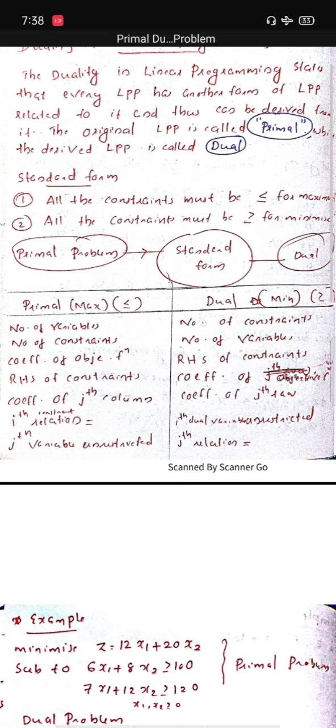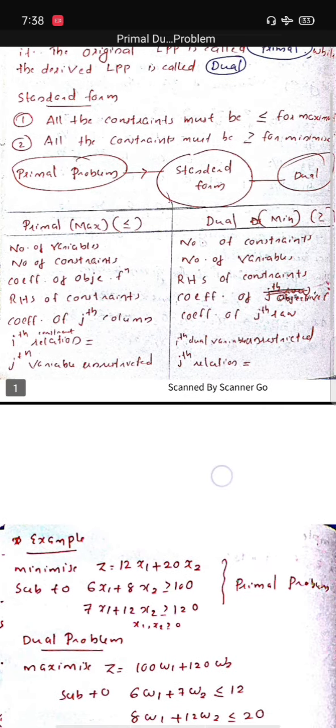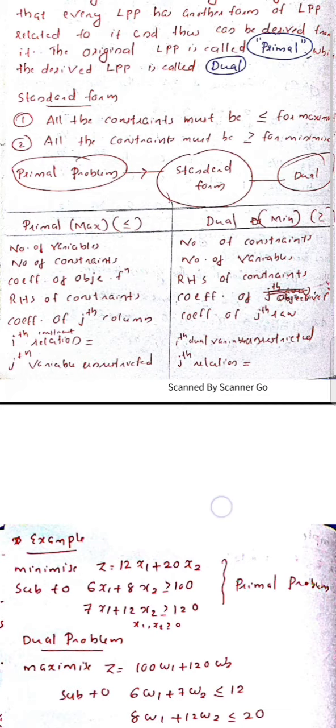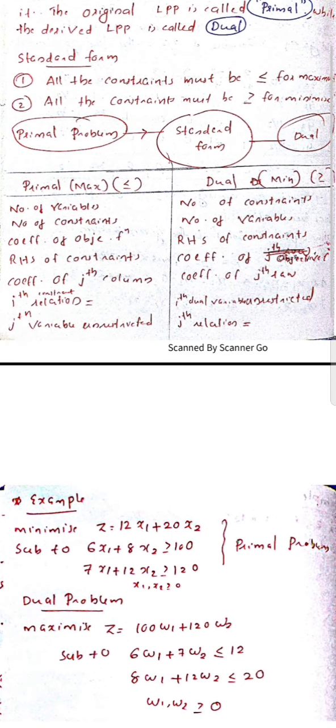Now, we have some key points which are useful for the conversion of a primal problem to a dual problem. We can discuss them one by one. First one: suppose our given objective function is of the type maximization. That is, suppose our primal problem is of the type maximization, then we know that all the corresponding constraints must be of the type less than or equal to.